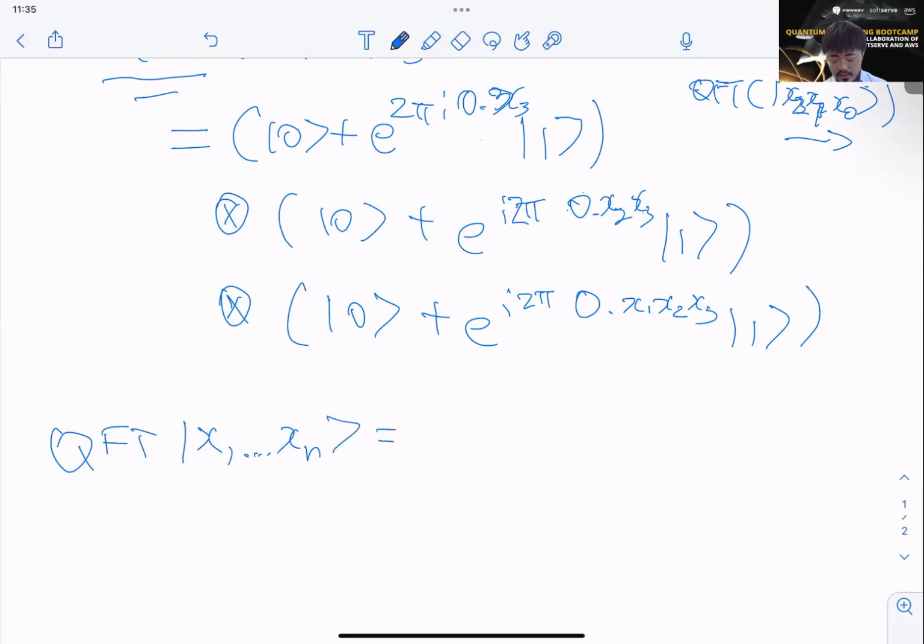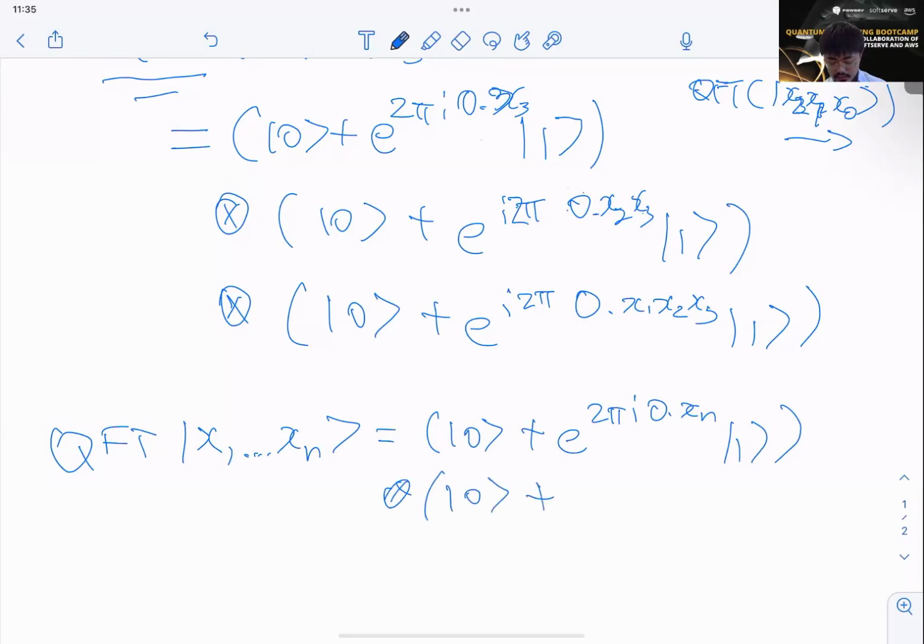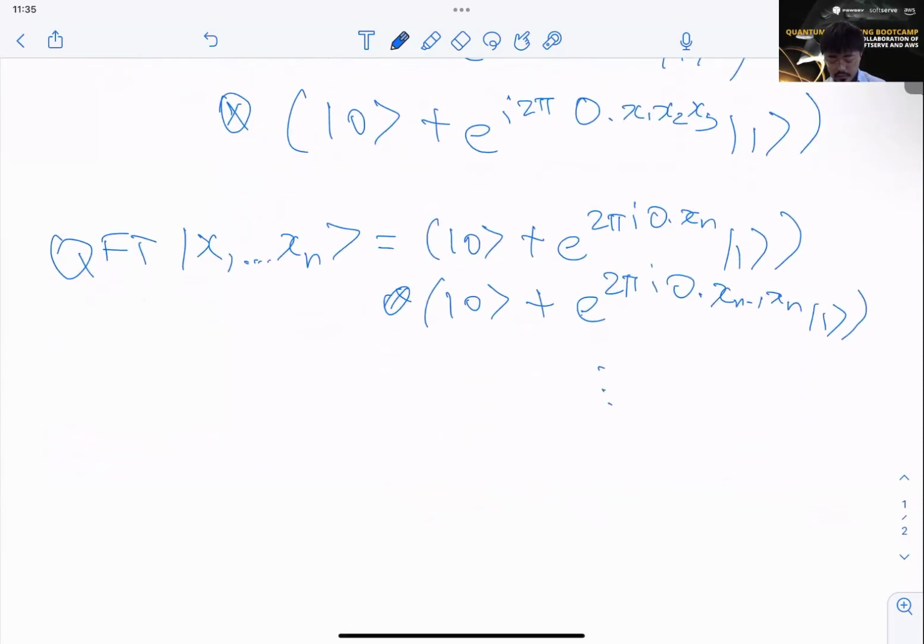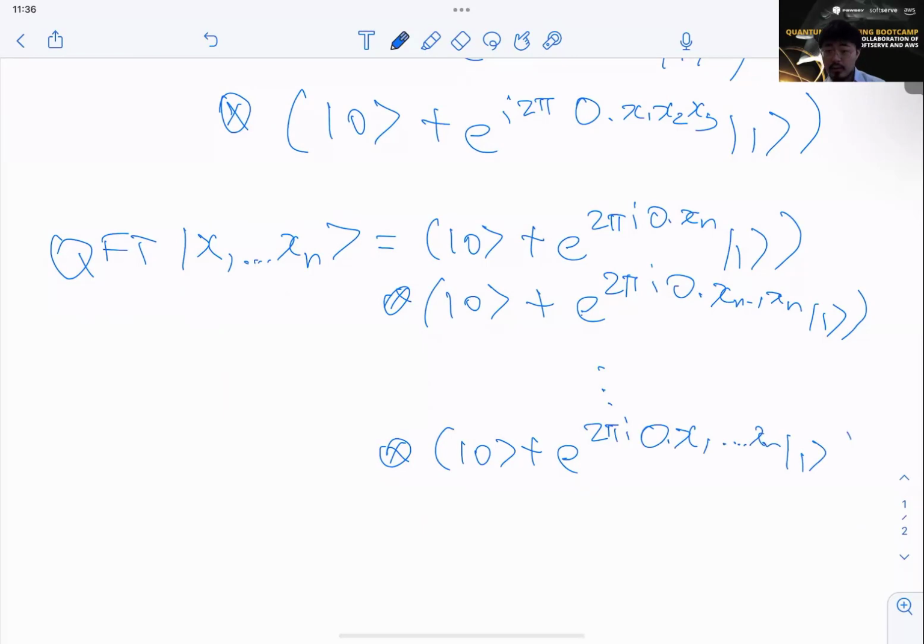We basically get 0 plus 2 pi i 0.xn tensor 0 plus 2 pi i 0.x(n-1) xn, so on and so forth until we get the last one. Okay.